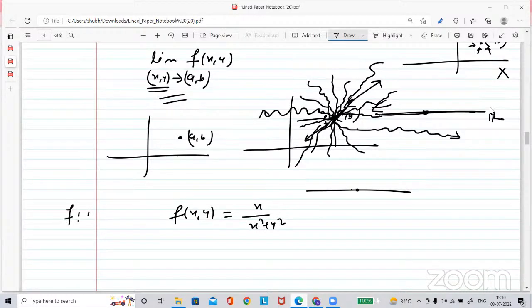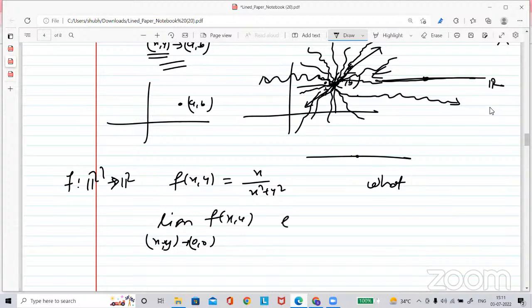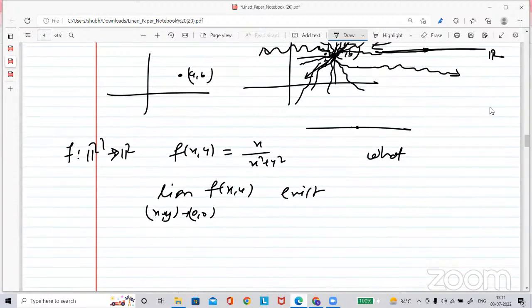This function is from R2 to R. Now, what is the limit of this function as (x, y) goes to (0, 0)? The question is, as (x, y) approaches (0, 0), does the limit exist or not, and if it exists, what is the value here?